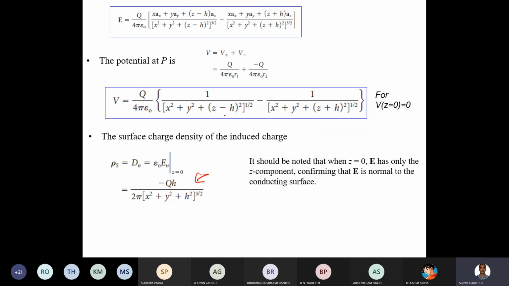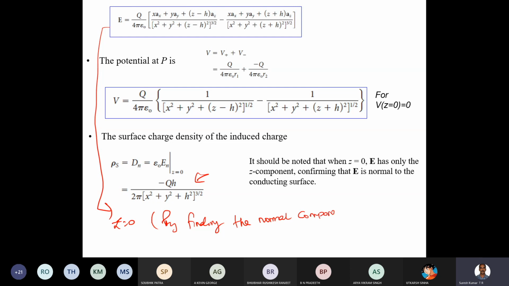Okay. By forcing z equal to 0, or by finding the normal component, or by considering only the a_z component, you can find this.